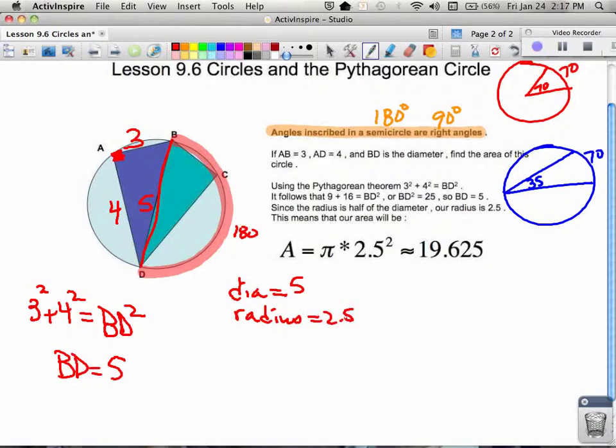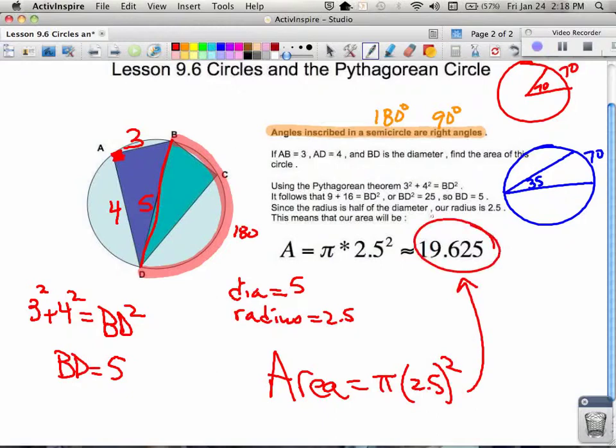So now if I want the area of this circle, I know that my area is equal to pi times the radius squared, which turns out to be, in the end, 19.625.